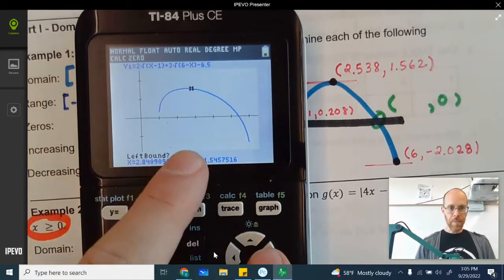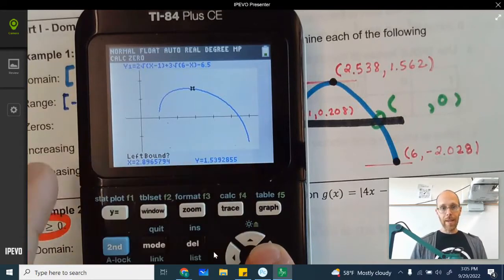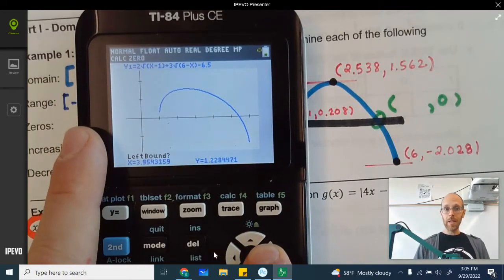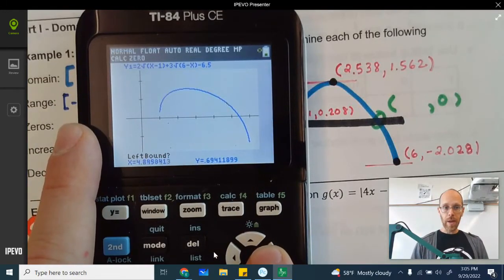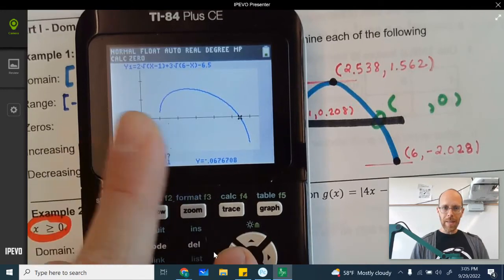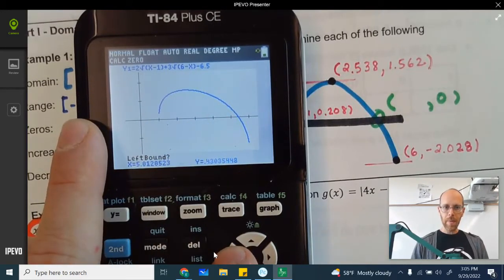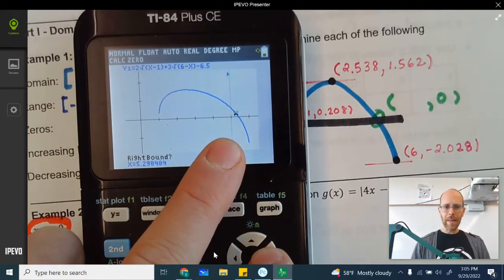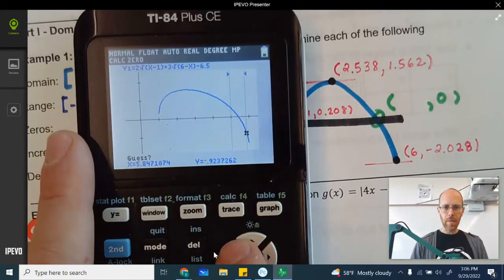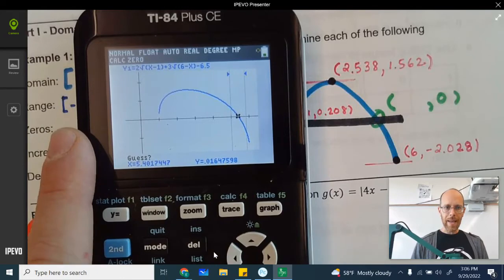So calc zero, now you're going to help the calculator find it. Very similar to what we did with the maximum. You're going to choose a value that is a little bit to the left of this zero, so maybe up here. And then something that is a little bit to the right of this zero, right there. And then you're going to make a guess.